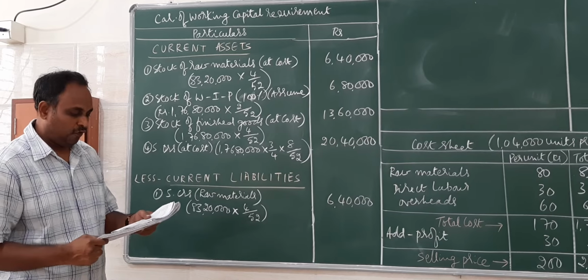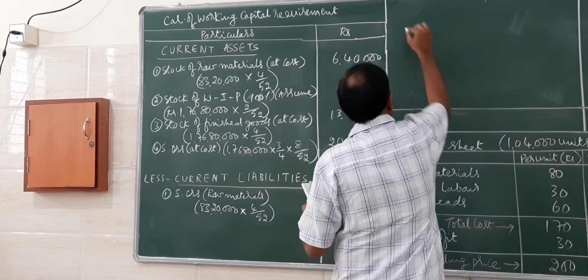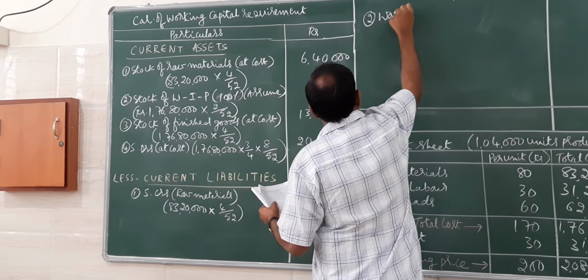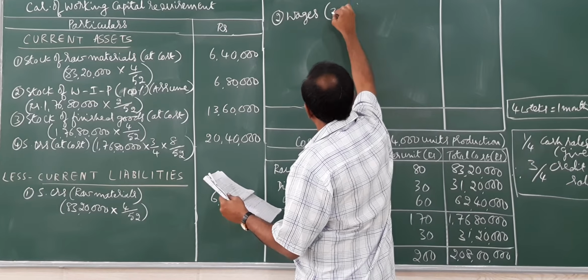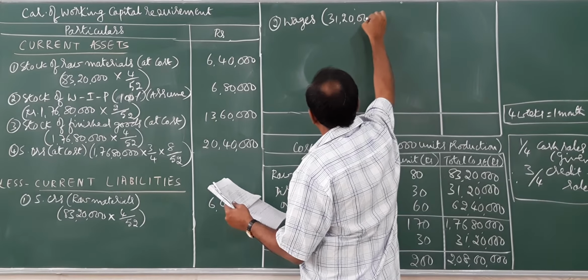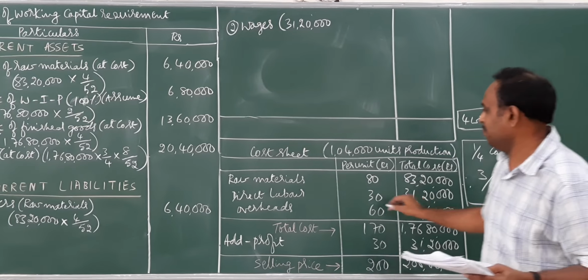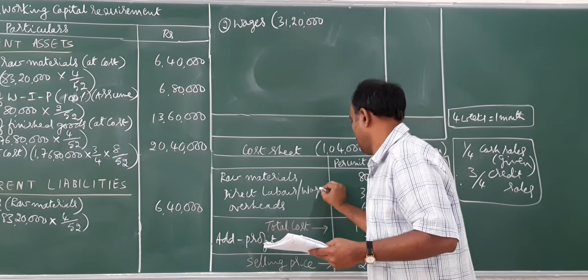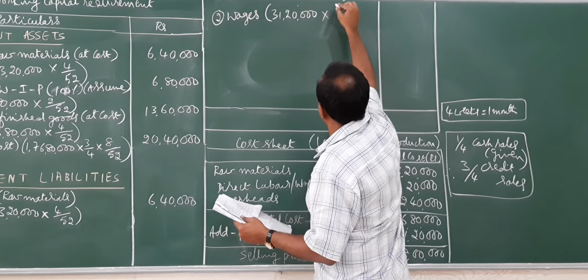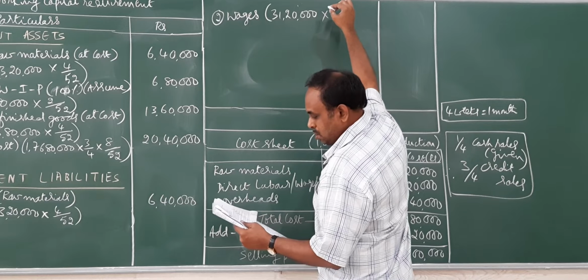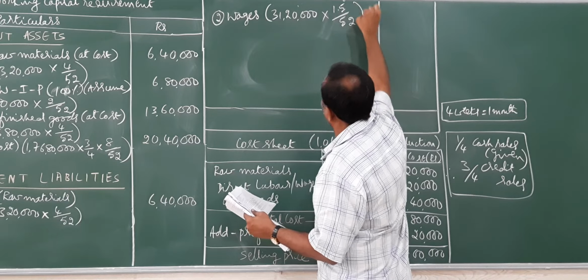Lag in payment of wages 1.5 weeks. Wages is current liability. 1.5 weeks given. Amount 31 lakh 20,000. You have here direct labor and wages is same, 31 lakh 20,000 for 1.5 weeks. 1.5 divided by 52.